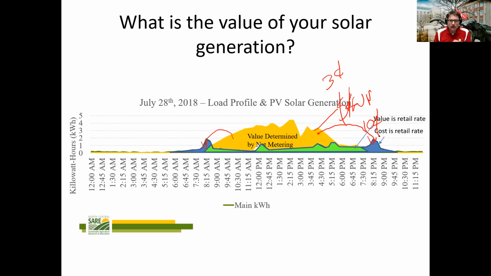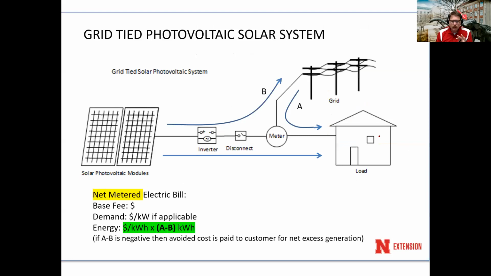Net metering is one of the reasons I explain it in multiple ways. It is one of those things that's not always clear to everyone on the first presentation. So here's another slide that helps me understand net metering when I think about my system. Now I have 3 movements of electricity, and I presented these earlier.